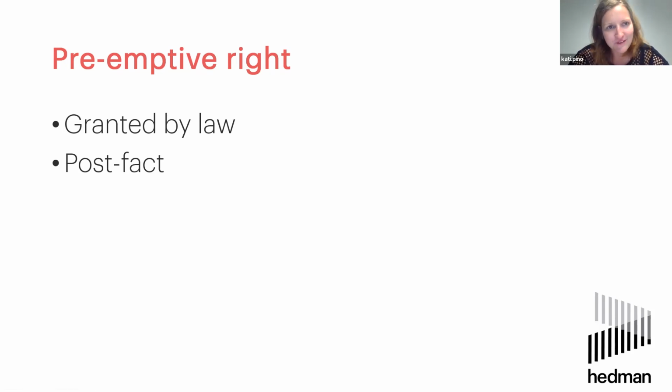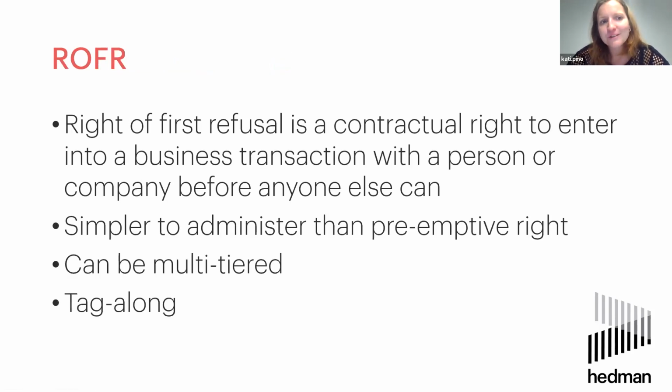Instead of preemptive rights, the right of first refusal is used. This is a pre-fact right. So in this case, if I am a shareholder and I want to sell my shares, first I have to go to the other shareholders of the company and say, hey guys, I want to sell my shares. These are the terms.